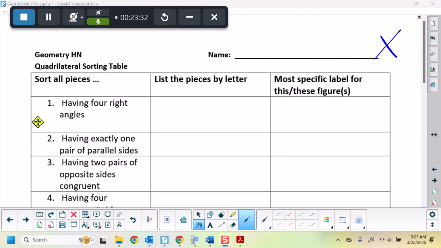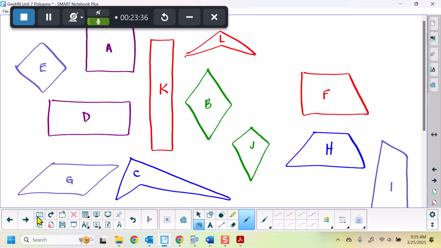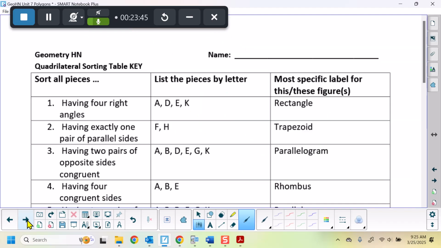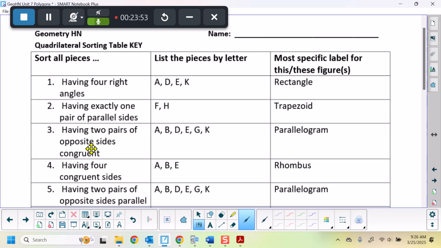Just because of time, we're going to go ahead and scoot through and look at each of these shapes that you have, and how we sort and recognize their characteristics. When we list them by letter, what you end up with is an interesting conversation, and this is going to be today's lesson in talking about these terms that I'm hoping you already know.